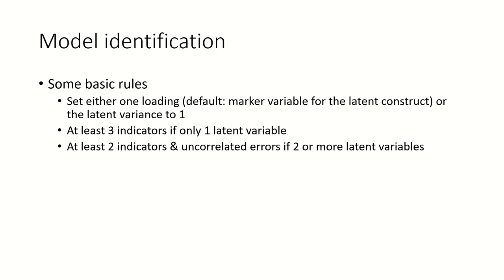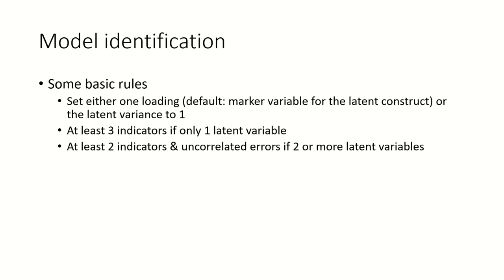A different option would be to set the variance to 1. This can also be done. There's a number of reasons why some people prefer this option, some other people think it is not so good. For the reasons of measurement invariance testing, people typically use the default option, which is the option with the marker variable.